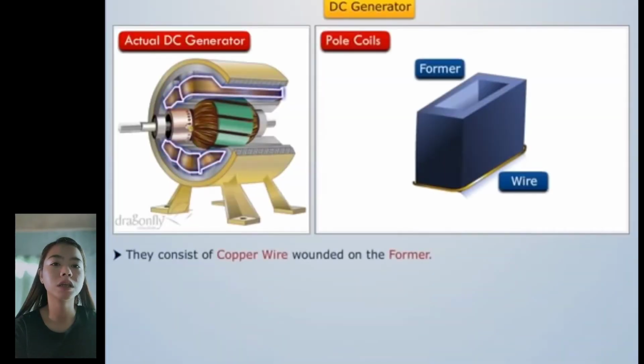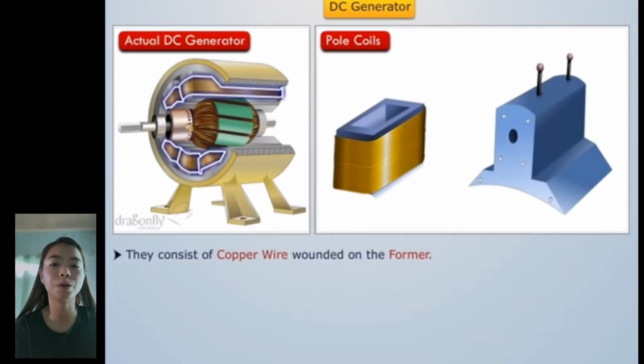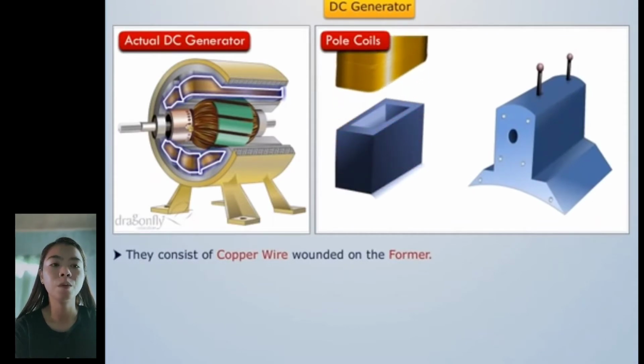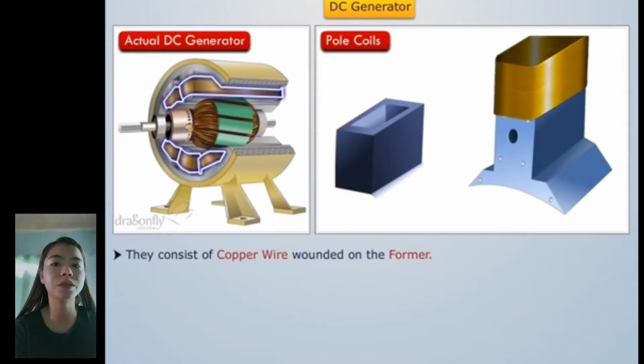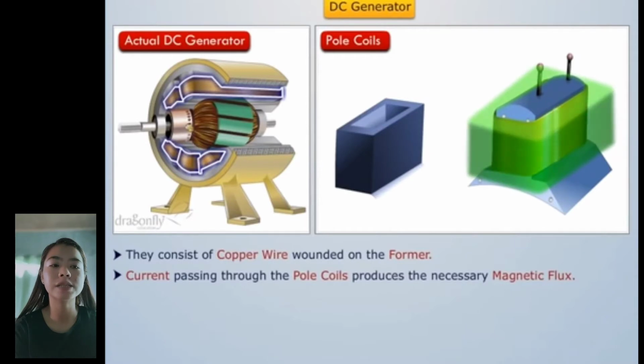Pole coils consist of copper wire wound in a former. Pagkatapos makuha yung current dimension, yung former is removed. At ang round coil is put into the place or core. When current is passed through these coils, yung poles naman ay makakakuha ng electromagnetize and produce necessary flux.